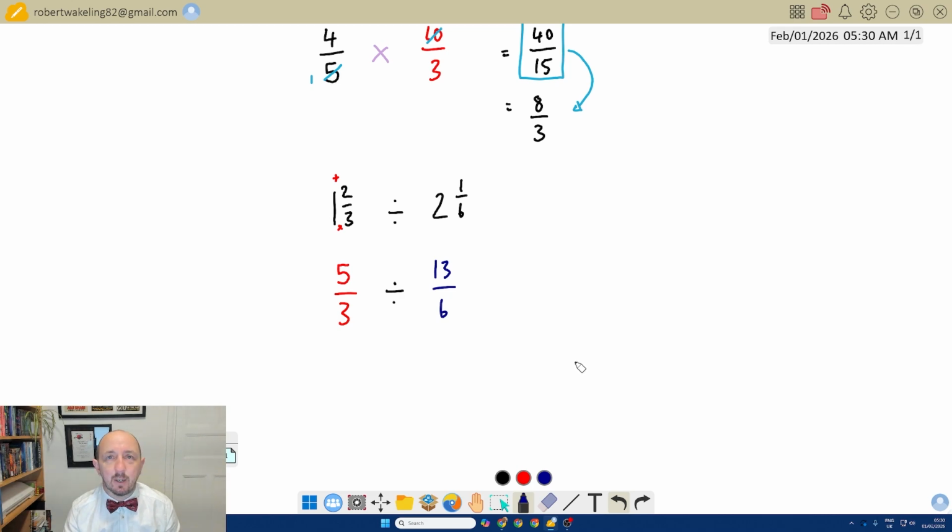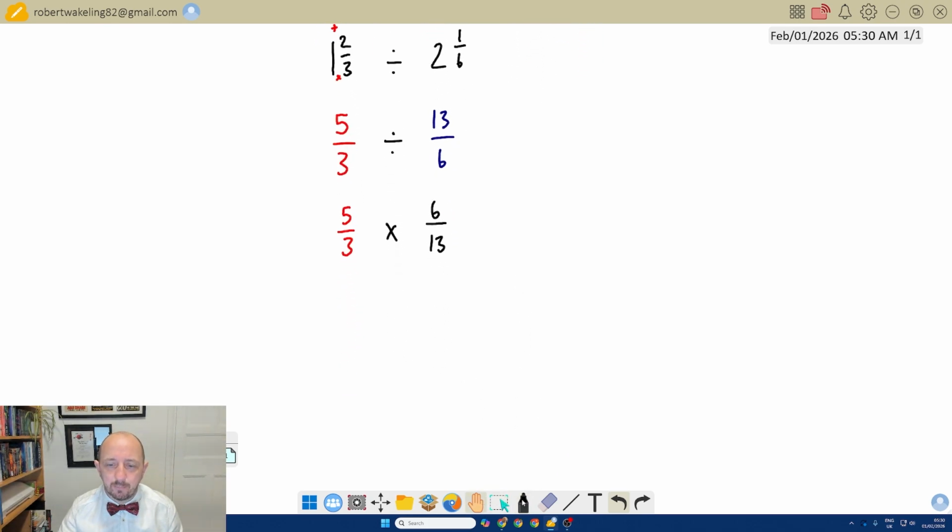Okay, now we're ready to do KFC. Keep the first one the same, flip the second one upside down, and times. We're looking at the diagonals. 5 and 13, nothing goes into those except 1. 3 and 6, yes, we can cancel that.